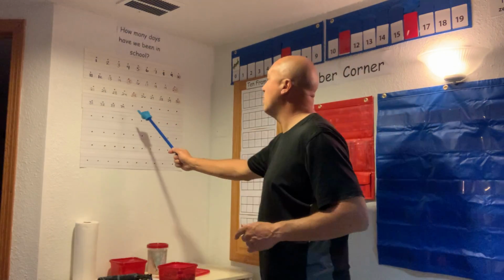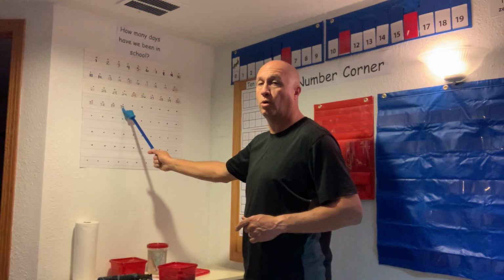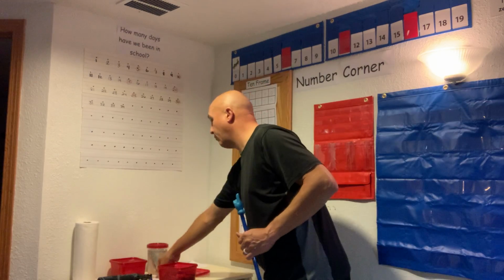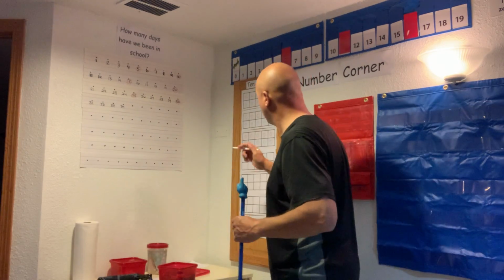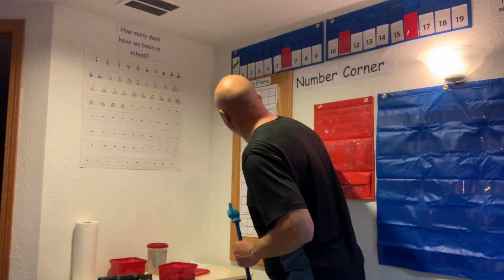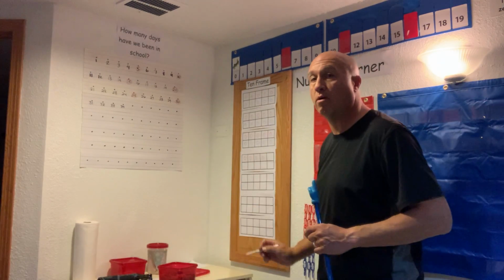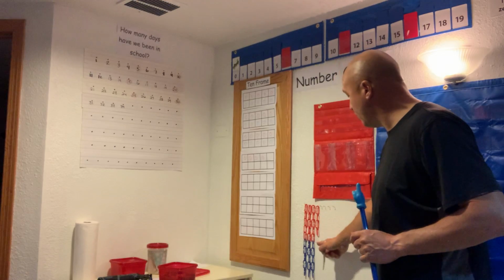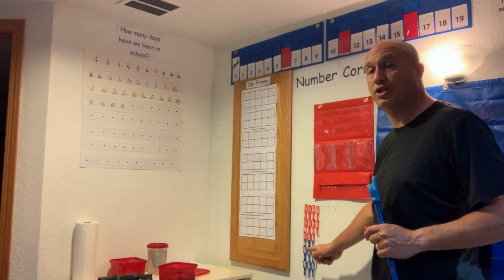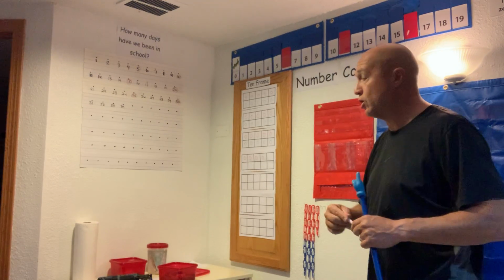So we have had 34 days of school. We have 34 on our 10 frame, and we have 34 here in our chains. They will always match so that you learn those numbers.